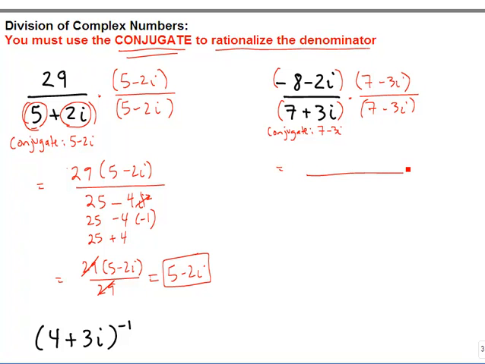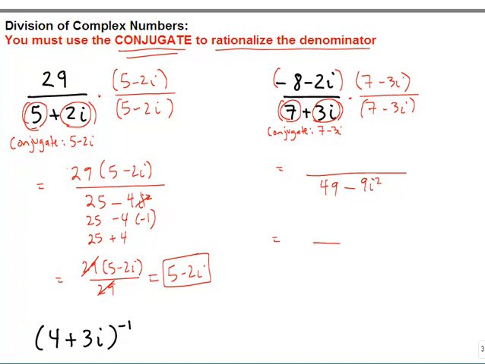So let's start with the denominator. The denominator will always be that difference of squares pattern because we're always taking a term times its conjugate. So the answer is going to be that first term squared, so 7 squared is 49, minus the second term squared. 3i squared becomes 9i squared.